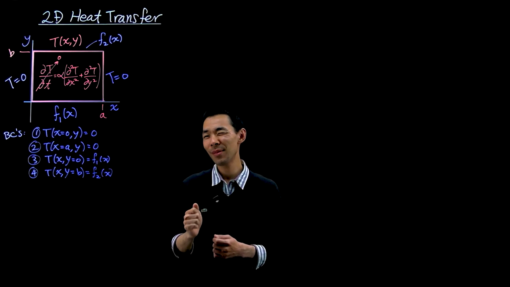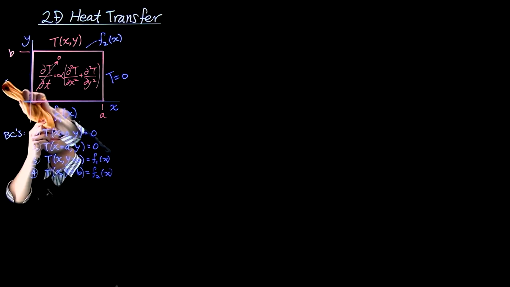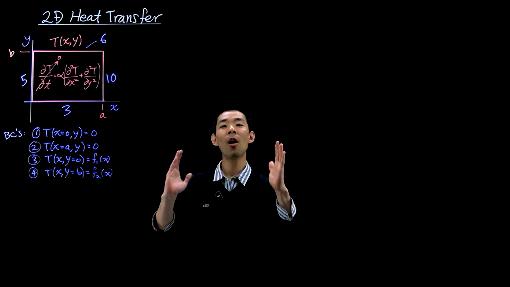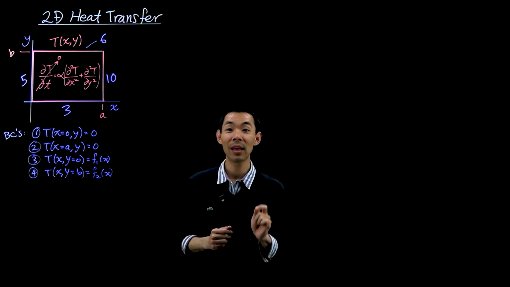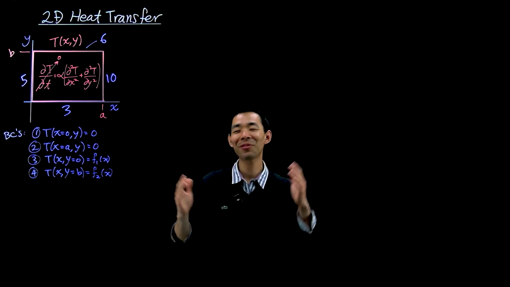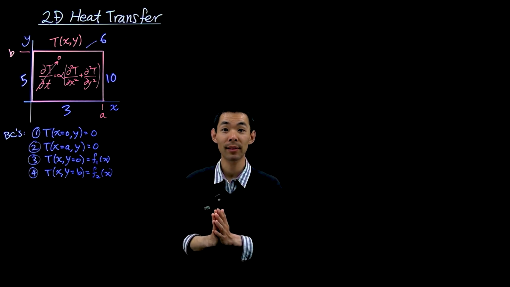So just to make things easy, I'm just going to put concrete numbers on all four sides. Suppose that the temperatures on all four sides of your slab were fixed at some given temperature: 3, 5, 6, and 10. Just non-zero numbers in general. Okay, what would you do in this case?